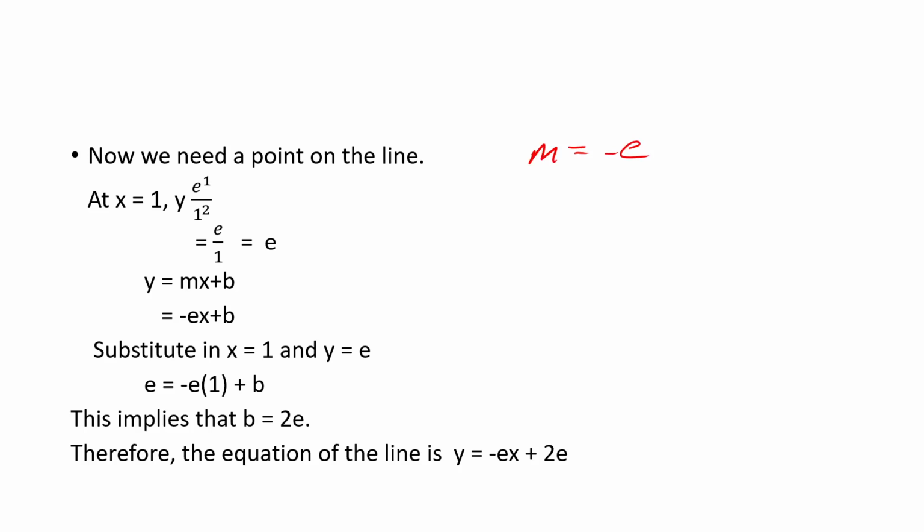Now we also want to figure out what is our y coordinate. So we're missing an equal sign here, but at x equals 1, our y coordinate will be e to the 1 over 1 squared. That's e over 1, which is e. So now we know that the point in question is the point (1, e), and the slope in question is negative e.